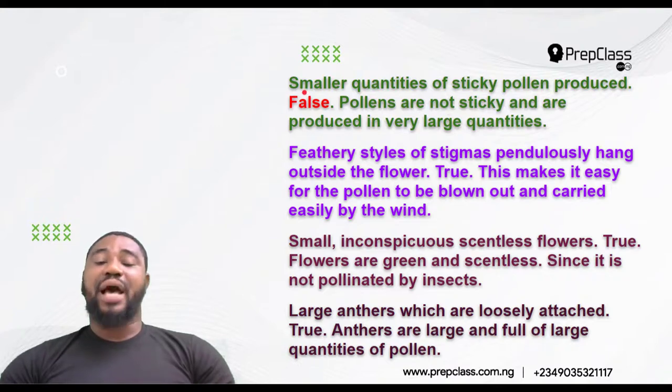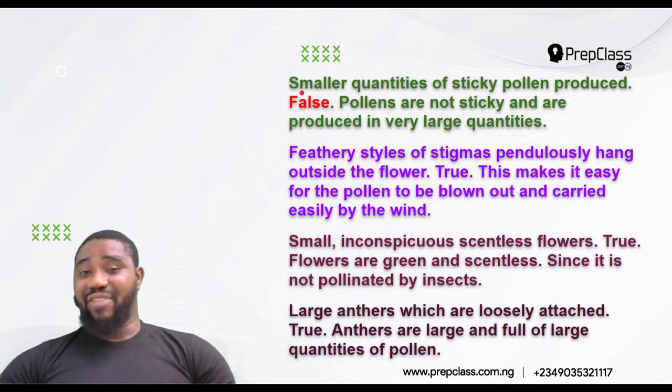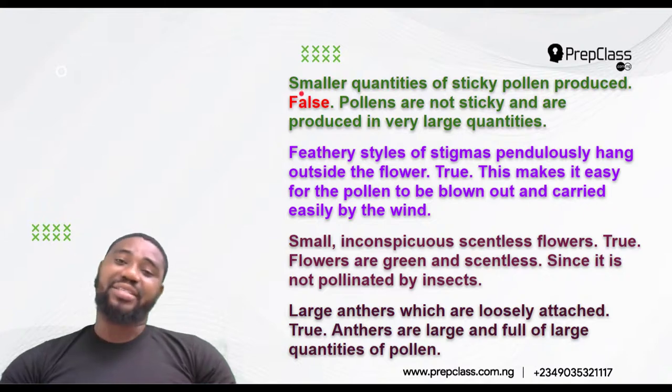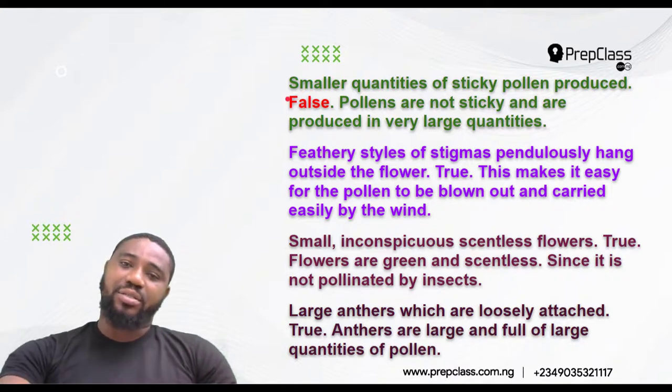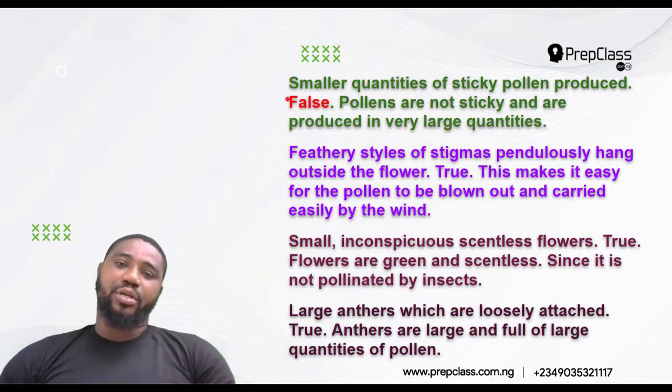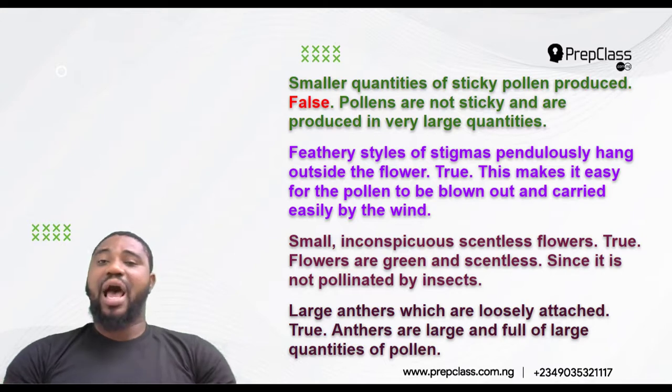Pollens that are produced by flowers that are pollinated by insects are usually in small quantities and they are sticky. Hibiscus flower and rose flower are attracted by insects and pollinated by insects. The pollen grains are usually sticky, so that as the insect visits the flowers, the pollen grains will stick on their body. When they fly to another flower, they'll rub it off on that flower. And also the pollen grains are few.